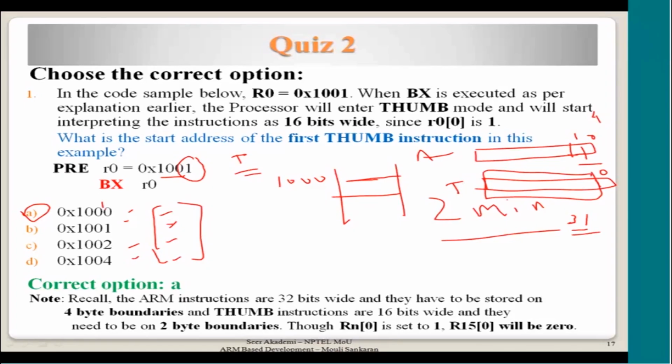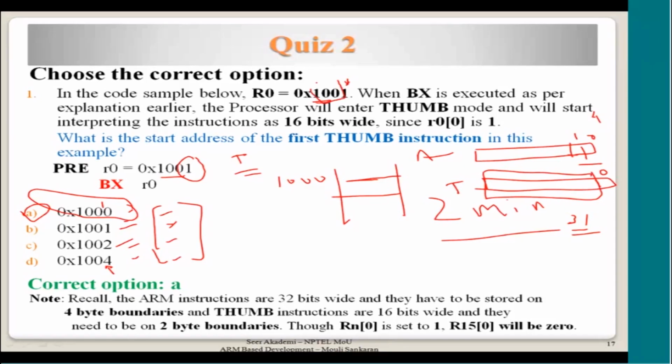Even if you expand the remaining 31 bits, it will not be any of the other options. It can't be this, because I said you have to go to 1000 only, so it can't be 1004. It has to be this only. Though you are giving 1001, only the LSB bit is made 0 and the remaining value is copied into PC.